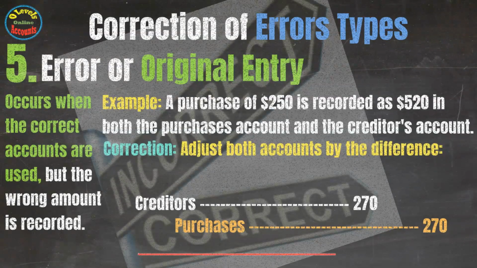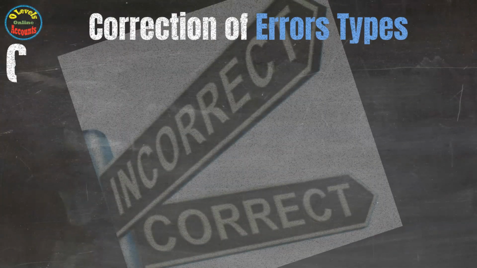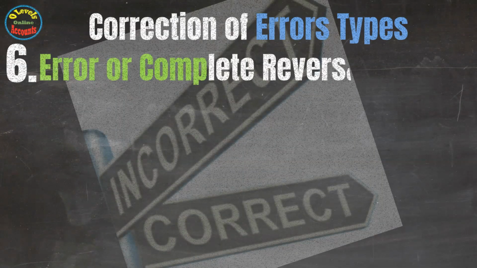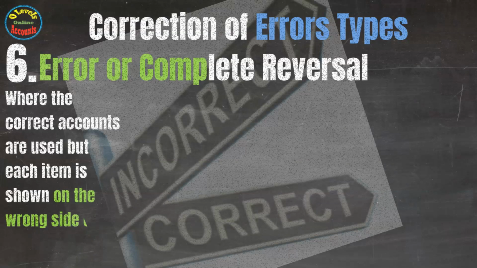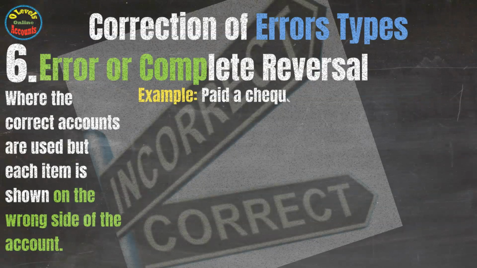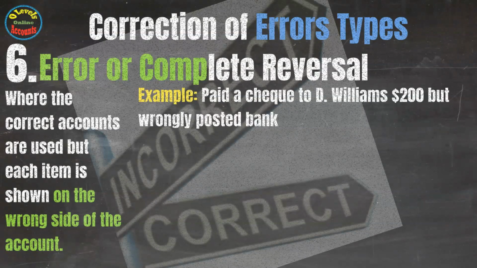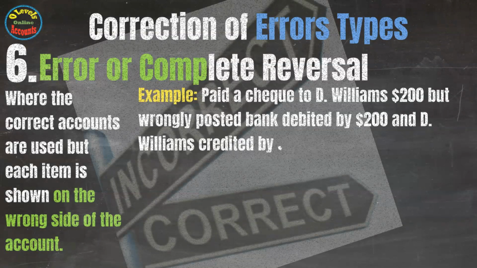Let's check another type. The sixth type is error of complete reversal, where the correct accounts are used, but each item is shown on the wrong side of the account. Let's check its example with solution. For example, paid a check to D. Williams $200, but wrongly posted bank debited by $200, and D. Williams credited by $200.